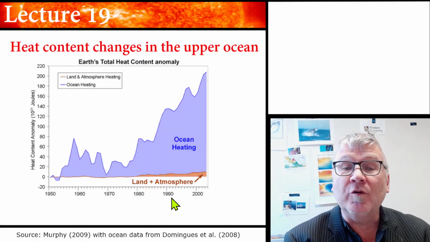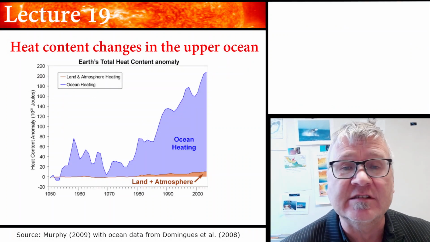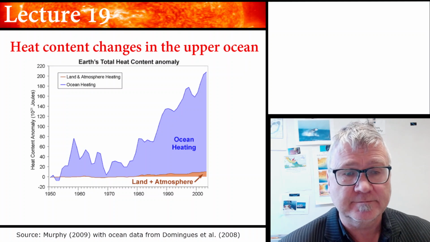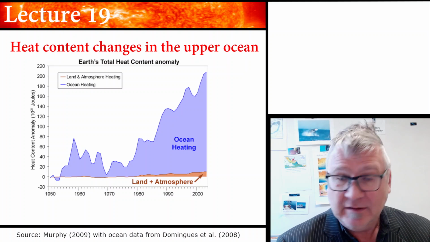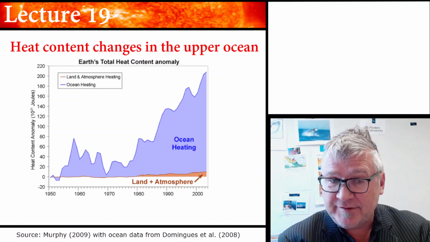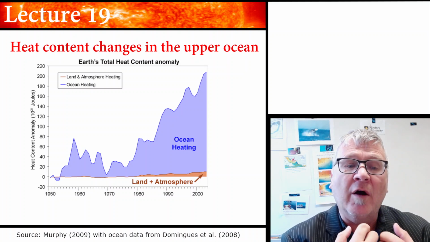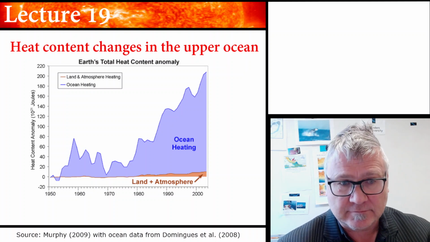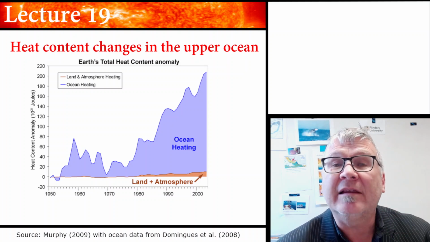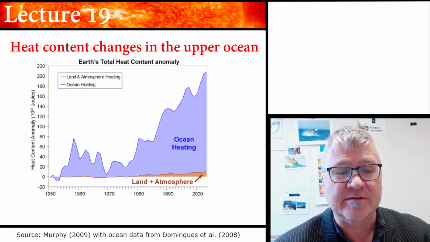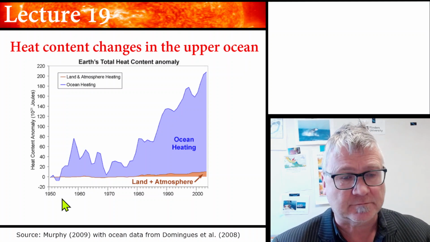This is what's shown here: heat content changes in the upper ocean. What's shown here are time series of the heat content relative to a start point, which is around 1950.